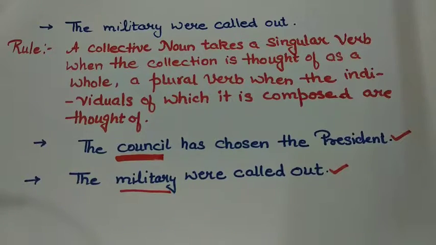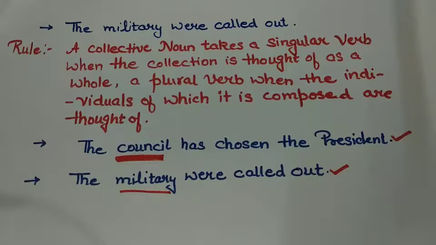Why? According to the rule, as you can see, I have written here, a collective noun takes a singular verb when the collection is thought of as a whole, which means if I am considering any collective noun as a whole, as a complete entity.